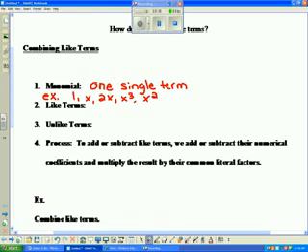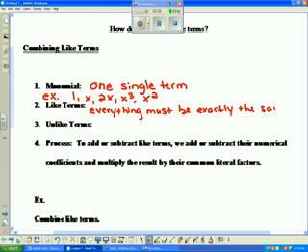Okay. All right, the next thing we have is something called like terms. Like terms, everything must be exactly the same. Okay, so what you're talking about here is same variable, same exponent.